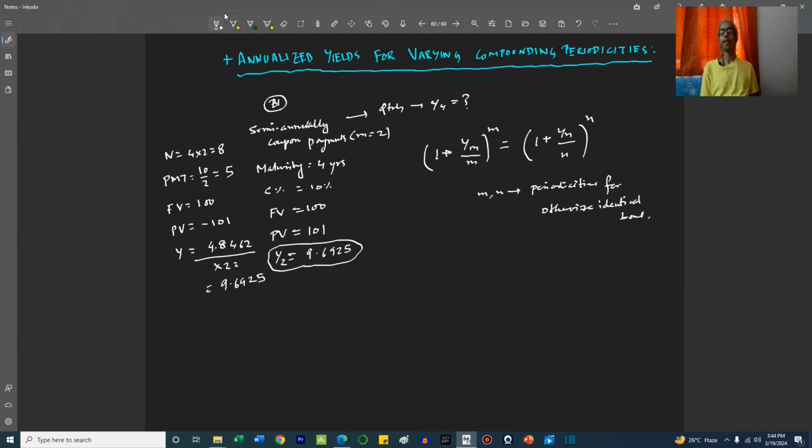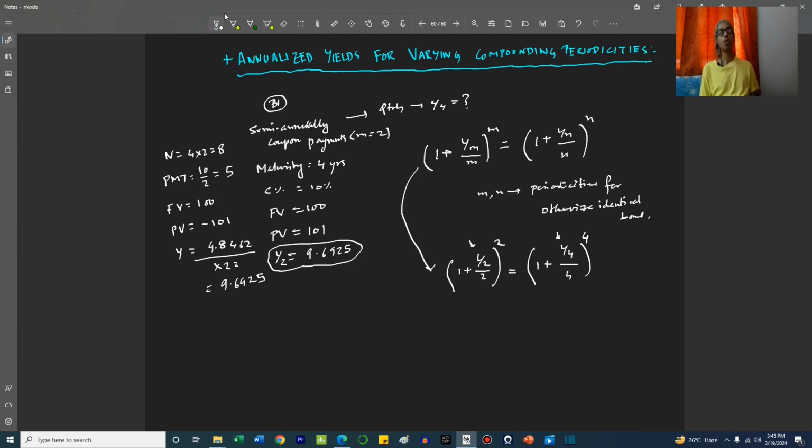Now let us put up the values here. This will translate as (1 + y2/2)^2 = (1 + y4/4)^4. Now this is the annualized yield for the case where it is semi-annually compounded.